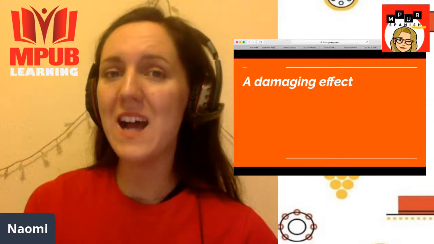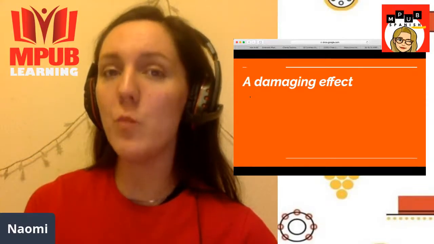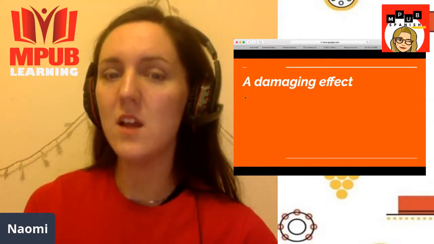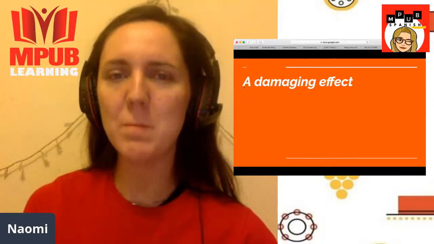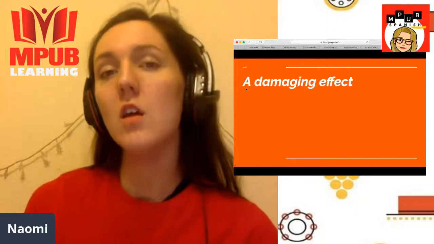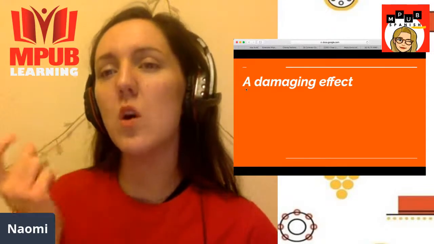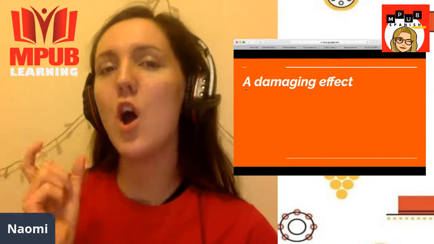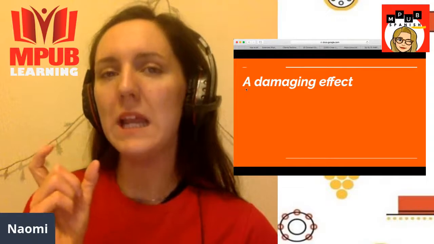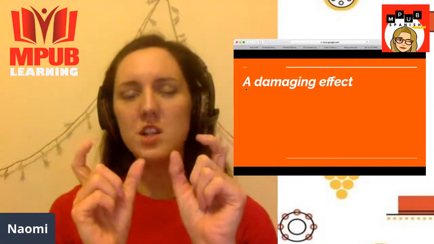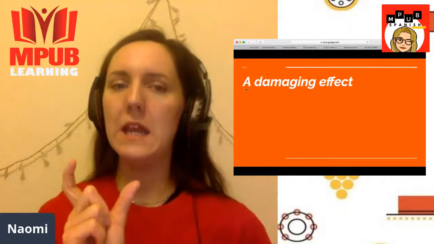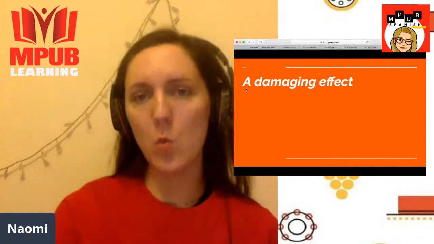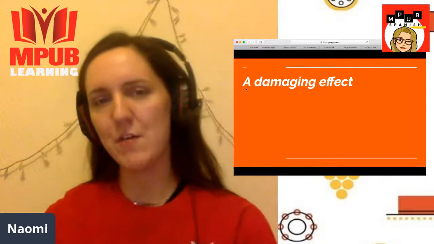I have used an adjective here, overwhelmingly. In fact, no, I've used an adverb, haven't I? Now, the adverb starts with what letter? With O, overwhelmingly. So now the article an or a matches overwhelmingly. An overwhelmingly damaging effect.